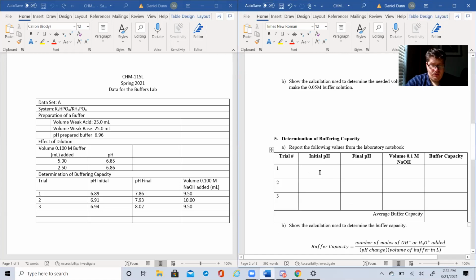Next on to this trial right here. So initial pH, 6.89, 6.91, 6.94. Whoops. Final pH, 8.02, 7.93, and 7.86.